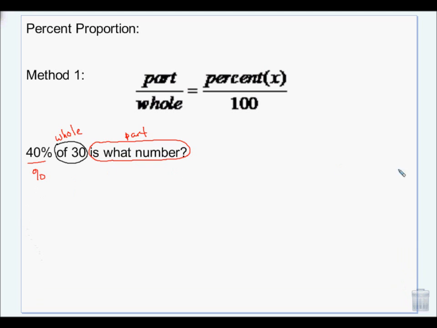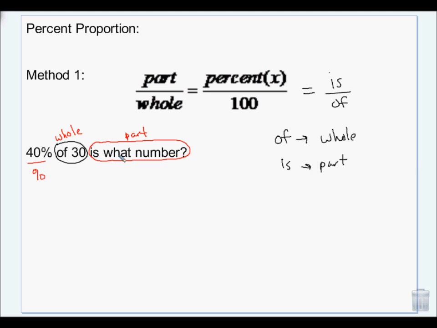So "of" gives you the whole, "is" gives you the part. Another way you could look at this, instead of part over whole is equal to percent over 100, you could also say is over of. That's just another way to remember it. They're the same thing, just whatever works best for you.